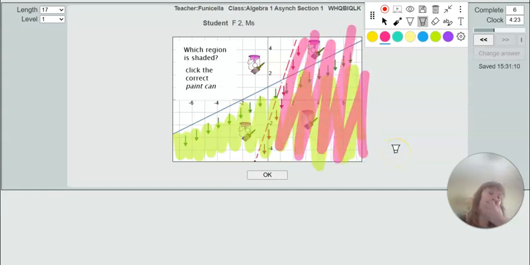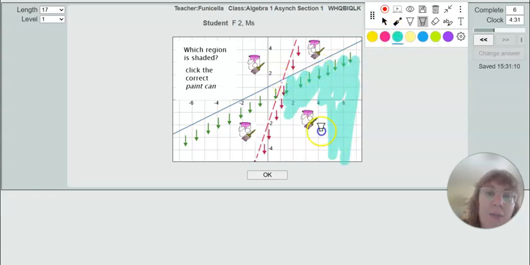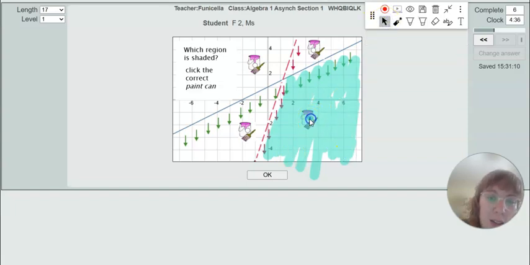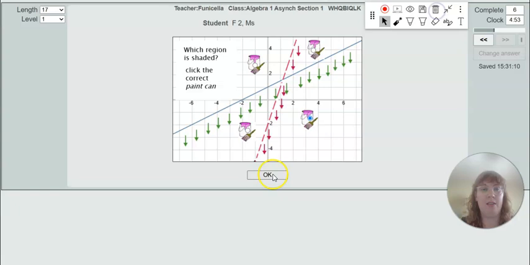So which section has both green and pink? That is quite messy, but you'll see that this section has both the green and the pink part shaded. So here's our solution. There's a dot in the paint can. So every point in this area is a solution to both systems. So go ahead and click that and then hit OK.